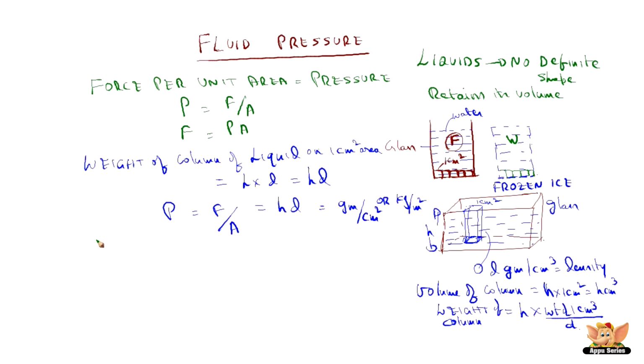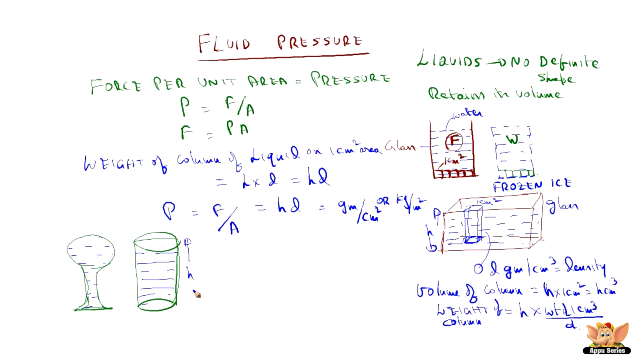Let us take, for example, we have a container and a container of cylinder shape, and now liquid is filled in these containers, and both the containers are having the same height. So the height is, let's say, H1, and here also the height is H1.